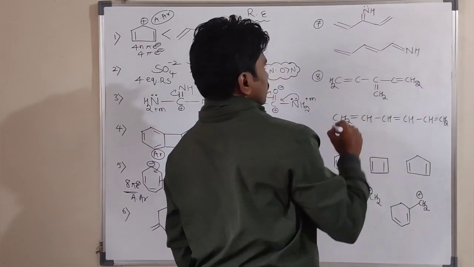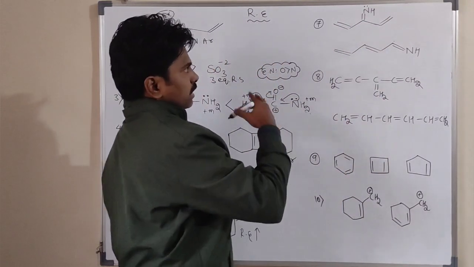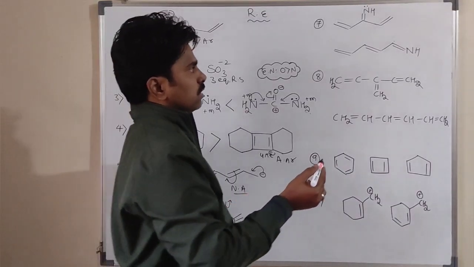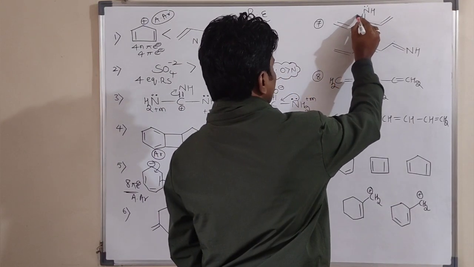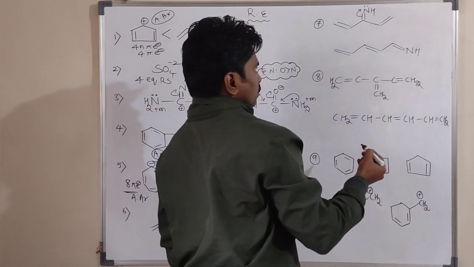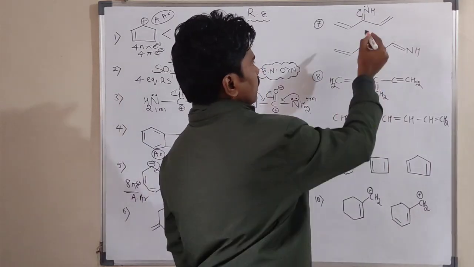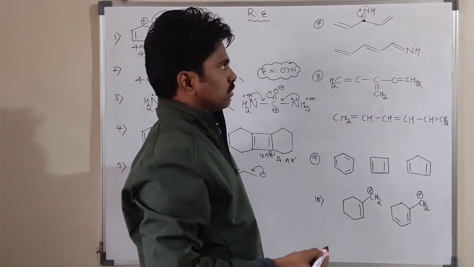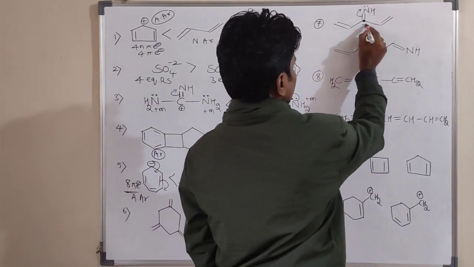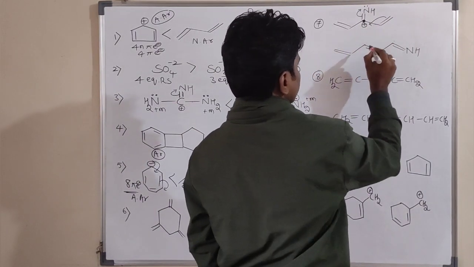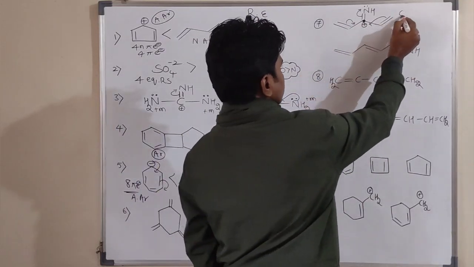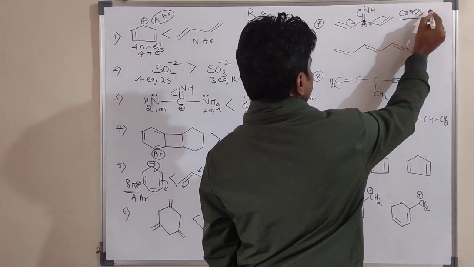Nitrogen has a lone pair of electrons, and beside it there are double bonds. Electrons may move towards the nitrogen side due to the electronegativity difference between carbon and nitrogen, so the pi electrons move towards nitrogen. Automatically carbon becomes positive, and on both sides there is conjugation. So this is cross conjugation, cross resonance.